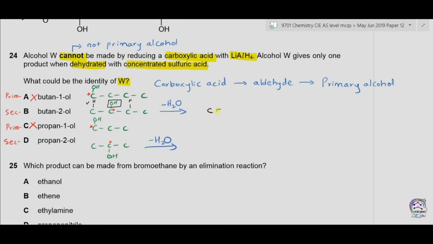Either it could be this one in which hydrogen is removed from the first carbon and OH is removed from the second carbon, or this one in which OH is removed from the second carbon and hydrogen is removed from the third carbon atom. This first compound is but-1-ene, second is but-2-ene.